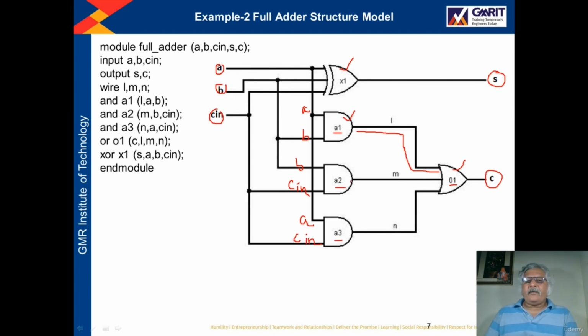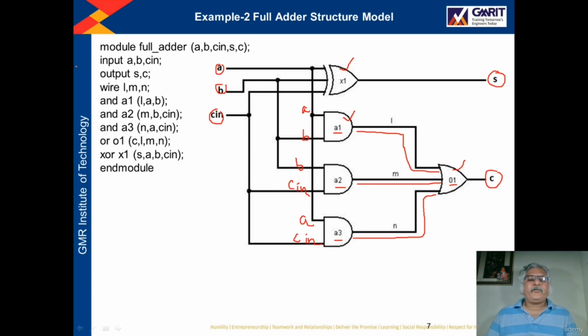So there are three wires, L, M and N. If in any of your designs you find these types of intermediate wires, then declare them as wire. Always remember, if in any circuit you find an intermediate wire which is not connected directly with your input port or output port, then you have to declare these wires as wires.